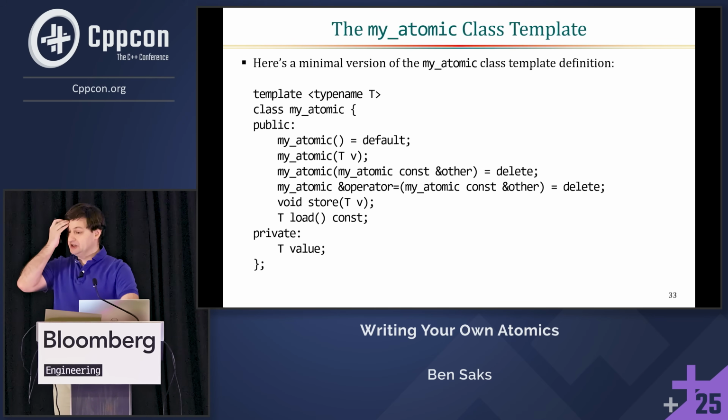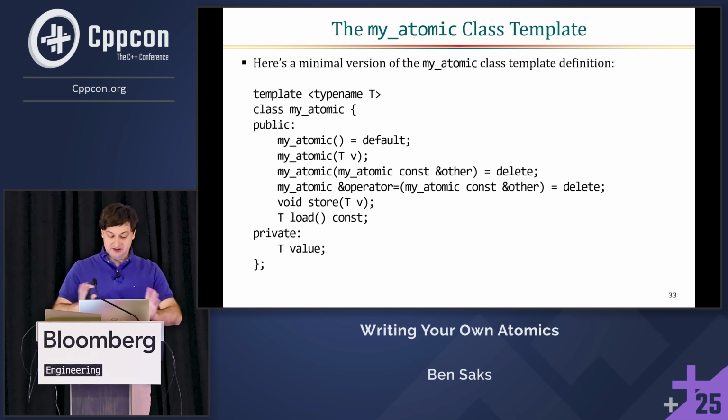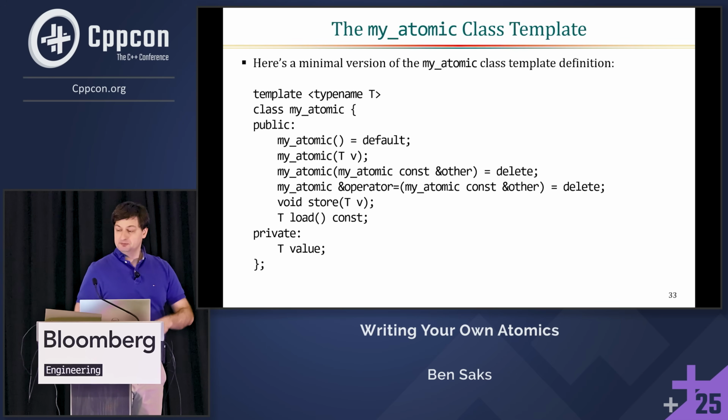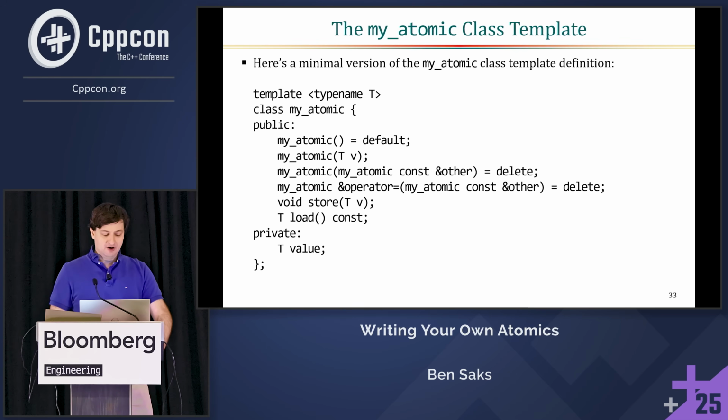I'm going to focus on implementing these, just because once we understand how to implement these basic operations, implementing the others is something that we can build toward. But I want to make sure that we get these pieces out of the way.